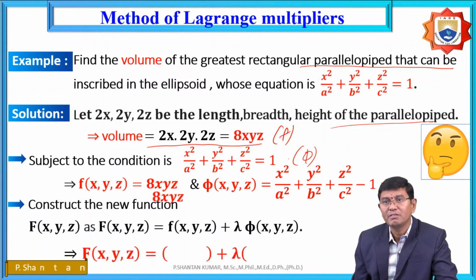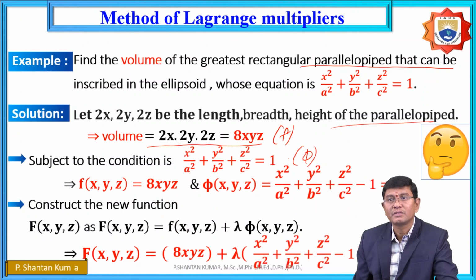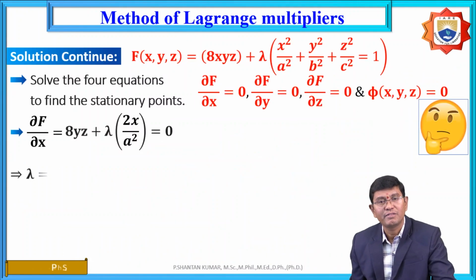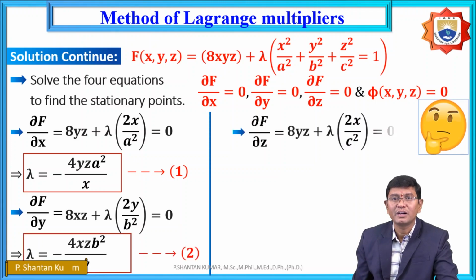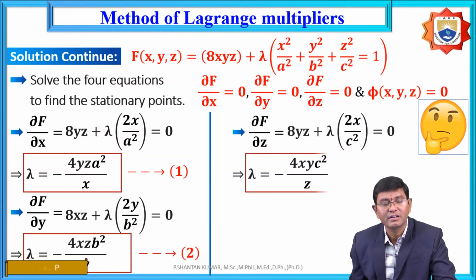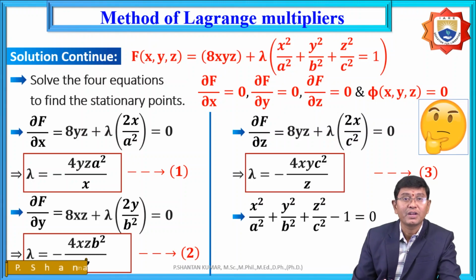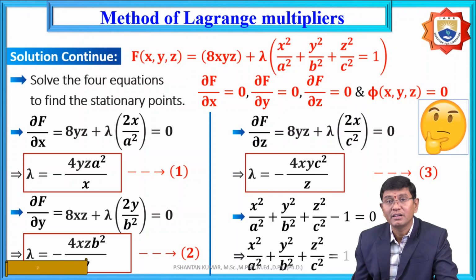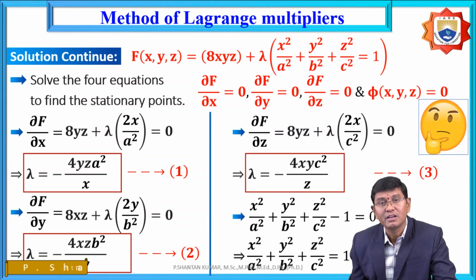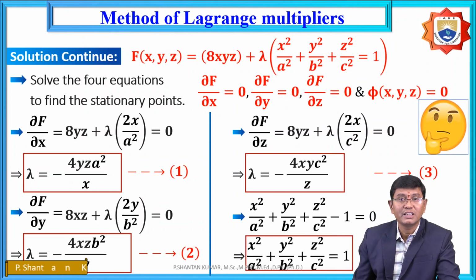Therefore, with the help of this, we can replace, and further we need to find out fx, fy and fz. Again here also, same as before, we equate the first, second and third to eliminate the lambda value. After eliminating lambda, we replace in the condition, and with the help of the condition find the values of x, y, z.